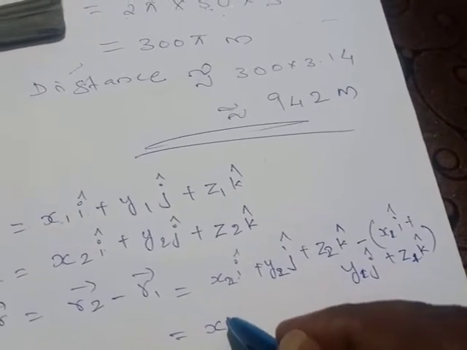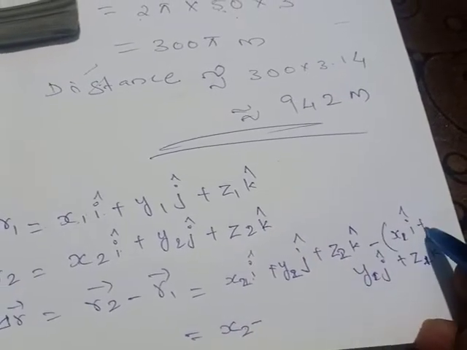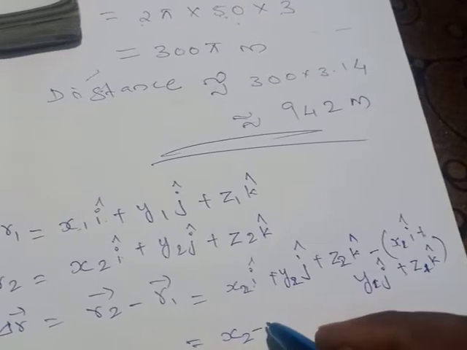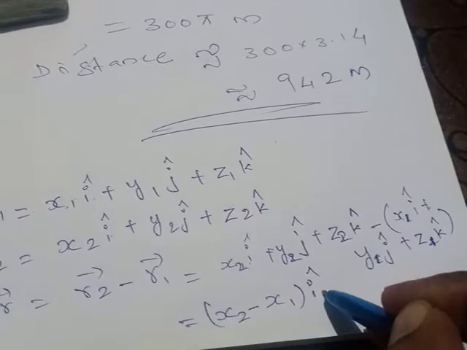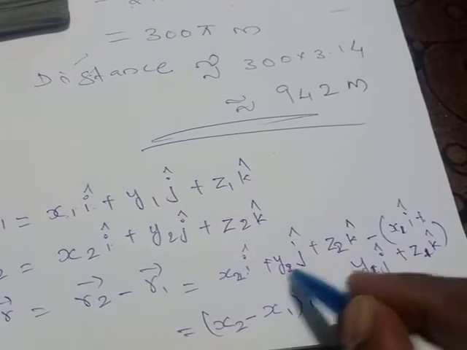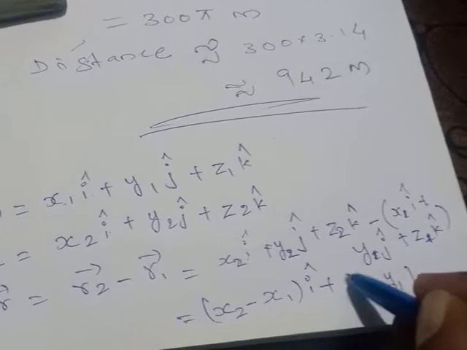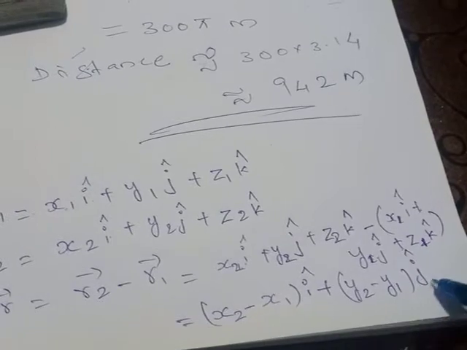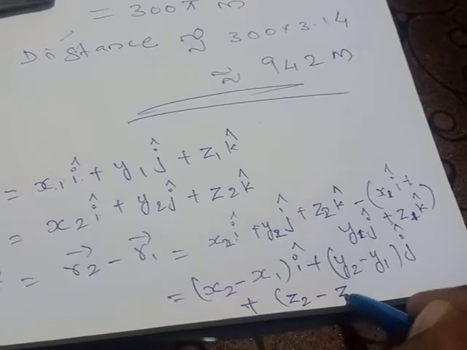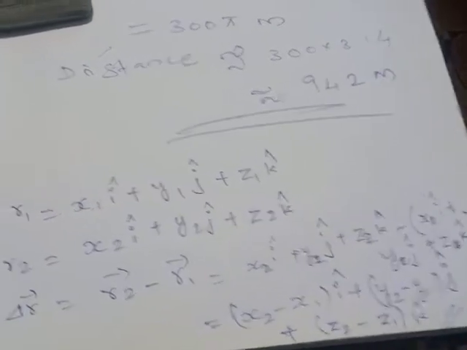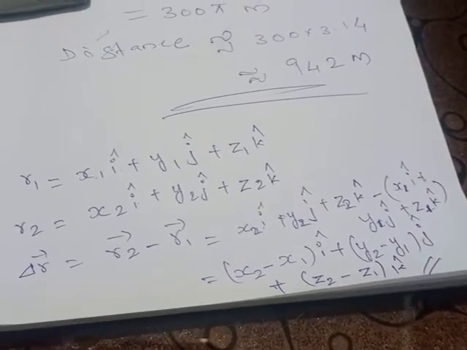So i is common, so x2 minus x1 i unit vector plus y2 minus y1 j unit vector plus z2 minus z1 k unit vector. This is how we can find the position vector. You can take a screenshot of this and study.